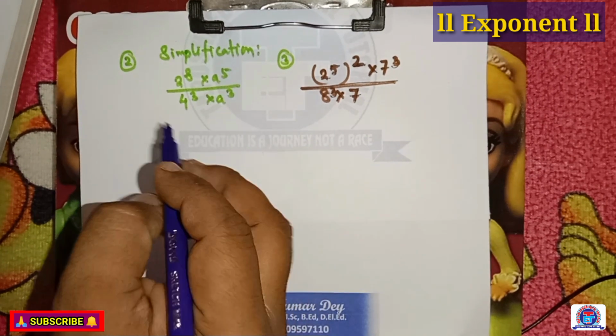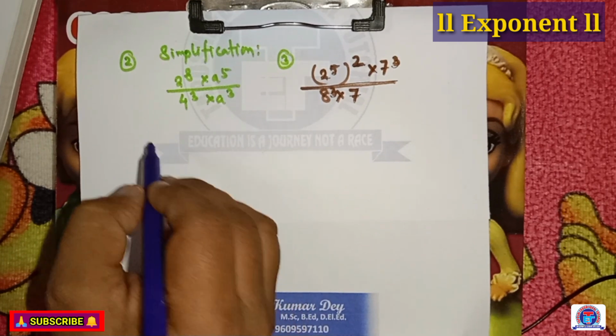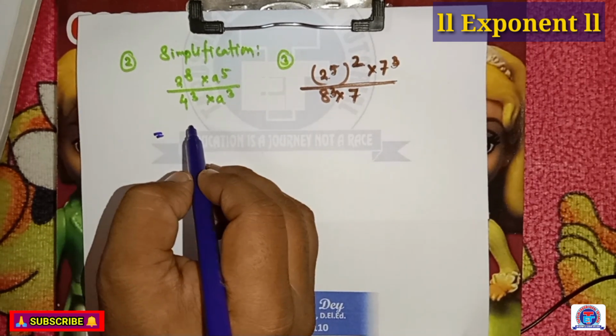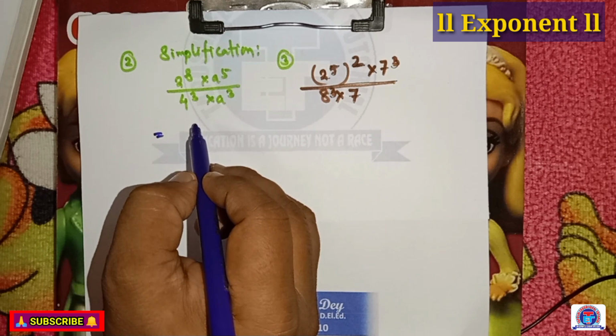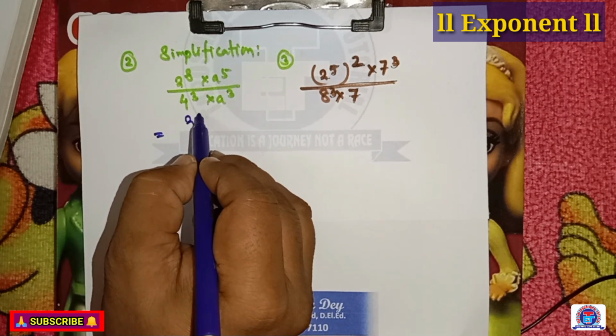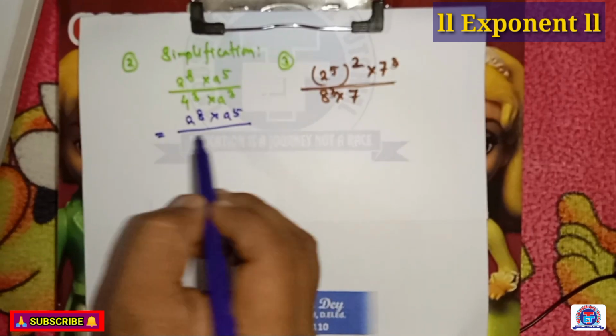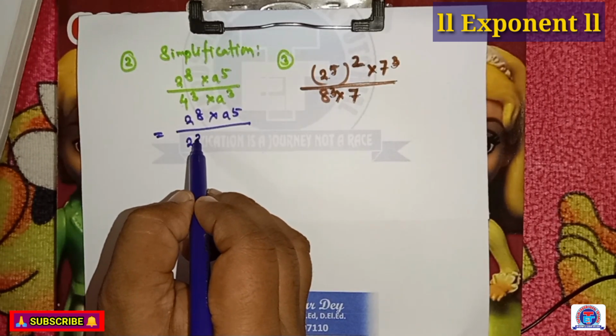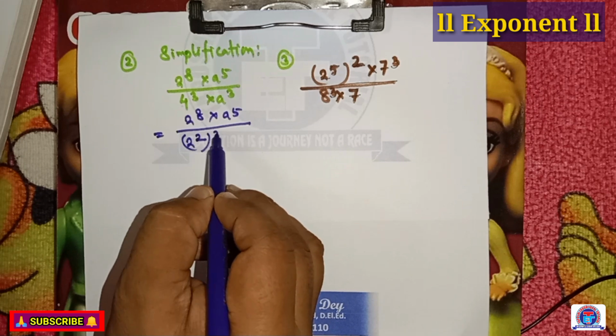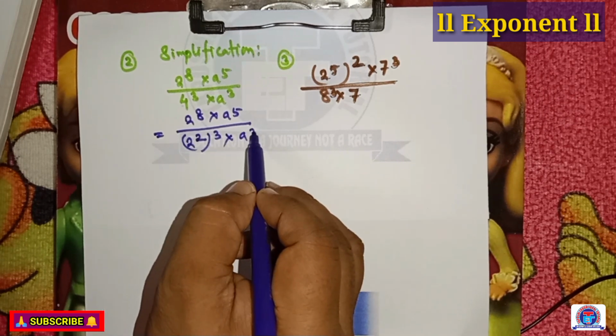So we write first this problem this way: 2 to the power 8 into 8 to the power 5 divided by 2 to the power 2 whole to the power 3 into 8 to the power 3.